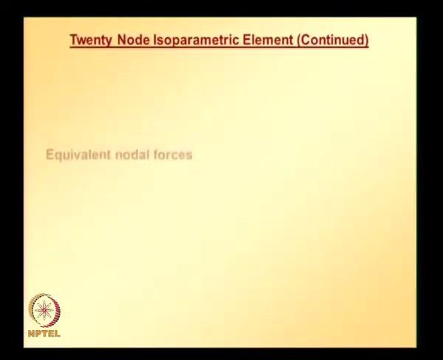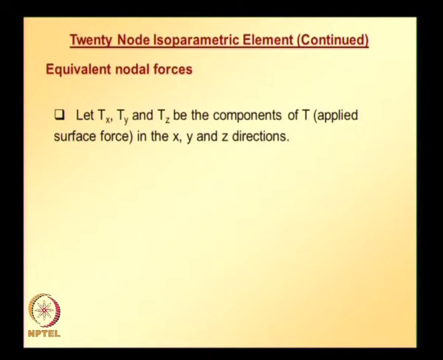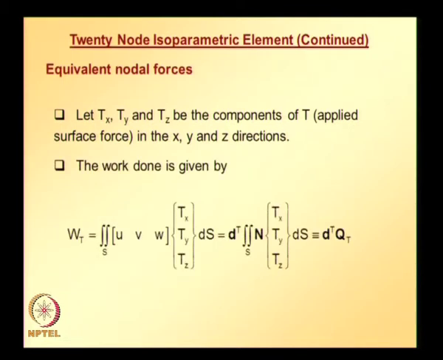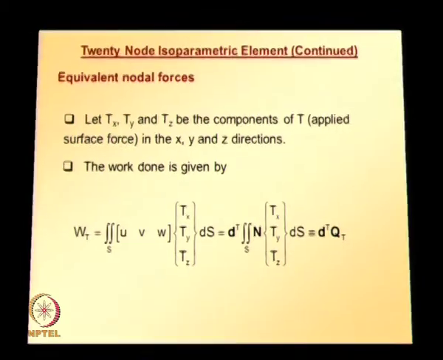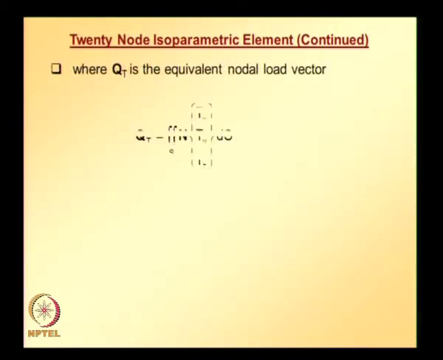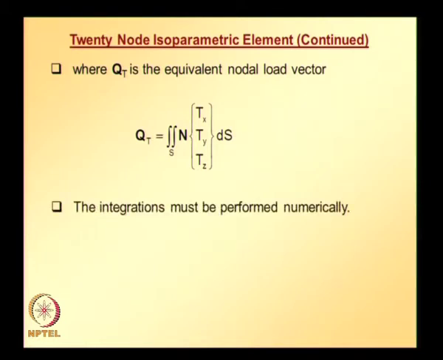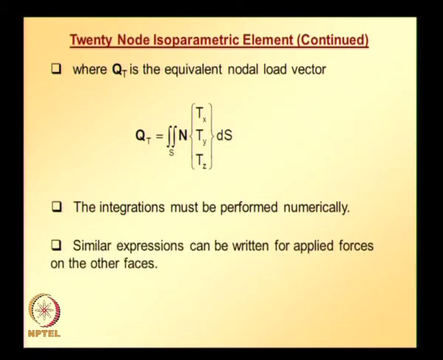So, next is the equivalent nodal force vector. If t x, t y, t z are the components of tractions along x, y, z directions, the work done is given by this integral, which can be compactly written as d transpose q, where q is the equivalent nodal load vector, and integration must be performed to evaluate this numerically, and similar expressions can be written for other kinds of forces acting on other faces.